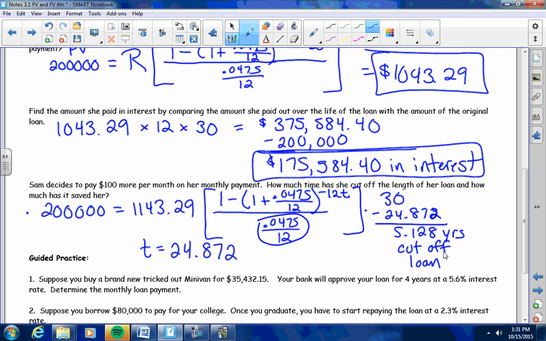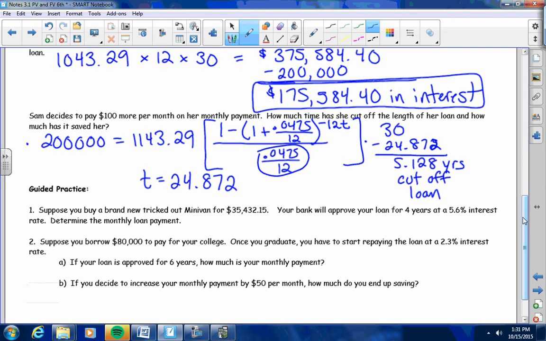Now let's see how much did she actually save in interest. How much did she save in interest? So let's see where I can find room. Let's just write it down here, or find a little bit of room maybe off to the side. This time, how much did she pay every month? She paid $1143.29.